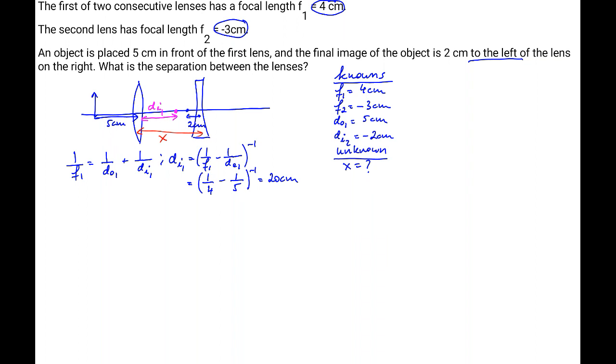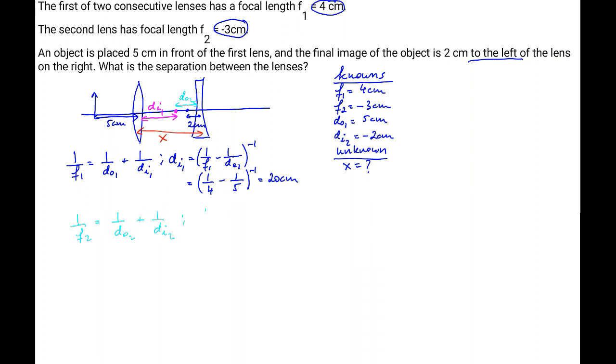Now let's work backwards and look at the second lens, see what that is doing. For the second lens, I have 1 over f2 is 1 over DO2 plus 1 over DI2. In this equation, I know the focal length and I know where the final image is located. I can solve for DO2, and DO2 will be this distance.